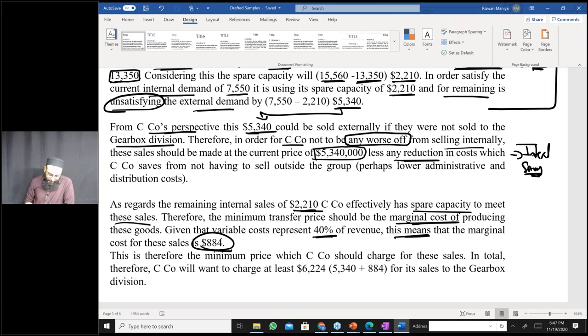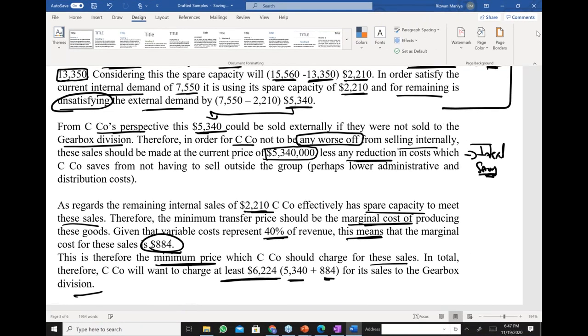This is therefore the minimum price which CECO should charge for these sales. In total, CECO will want to charge 6224 at least for its sales to the gearbox division. Tell me, is it easy now?